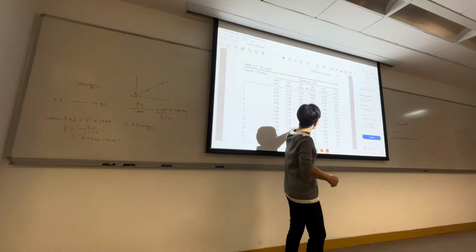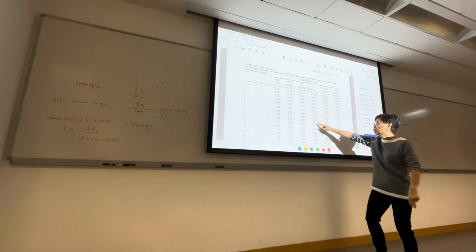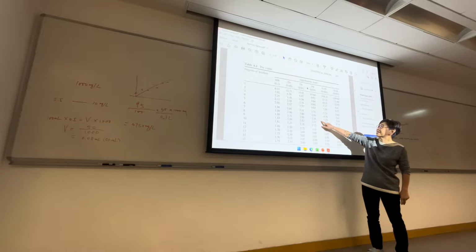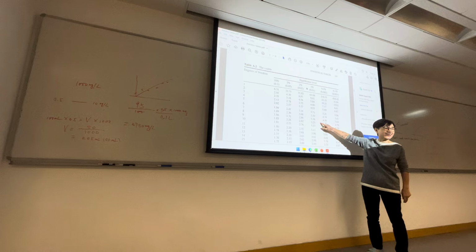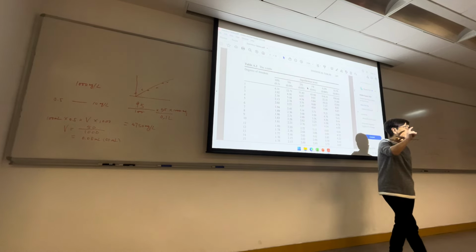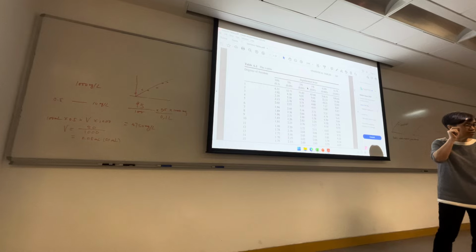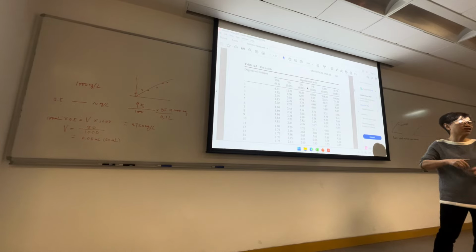If 1%, that is 3.24. But this is somewhere here. So it should not be 3 as such, but a little bit, the figure should be larger than 3.3.